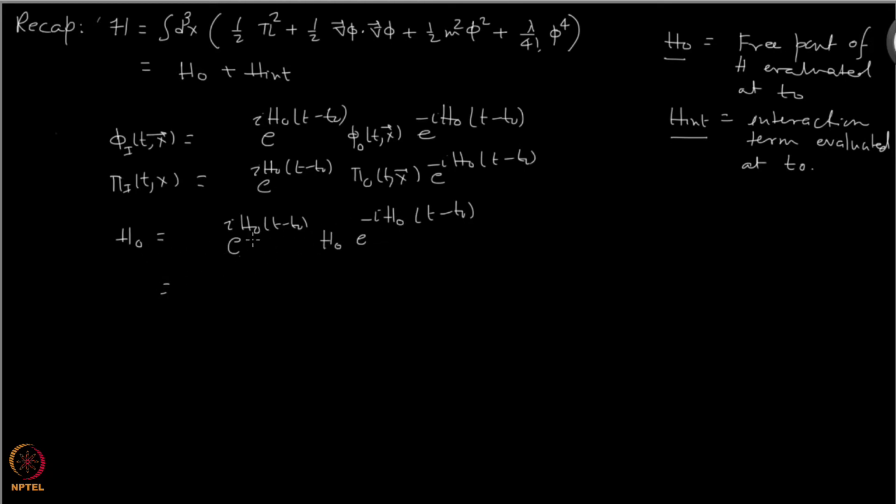And if you take the H naught here, and then from left and right you multiply with these two factors, and if you insert 1 in this form, then you will be able to write H naught as follows.